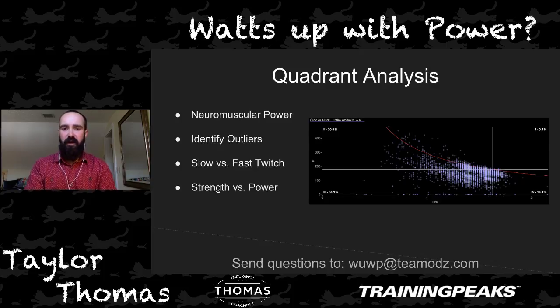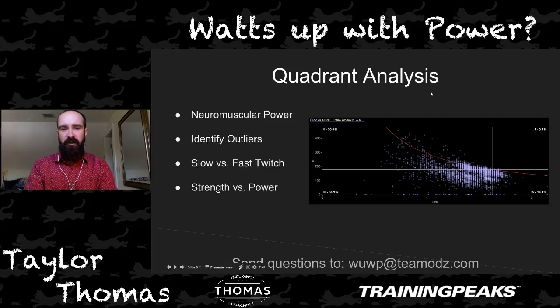Quadrant analysis can help us understand how those two things may be related for a particular cyclist, or potentially how they're unrelated, and that would lead us down the road to make decisions about our training.